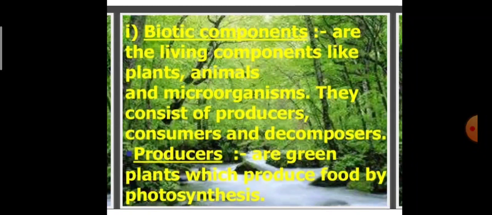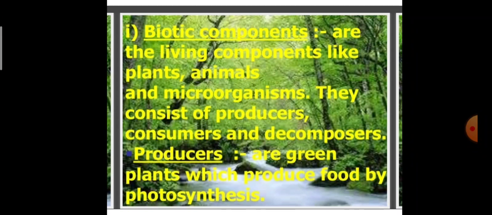So students, all the plants, whether it is grass or small plants or large trees, are categorized into the producer group. And students, all organisms depend directly as well as indirectly upon the producers.